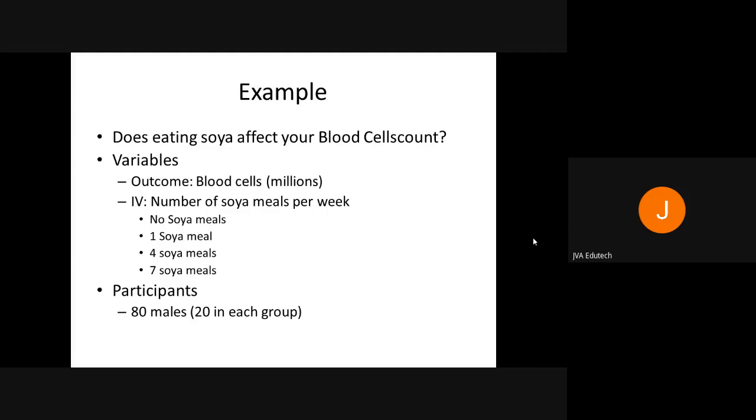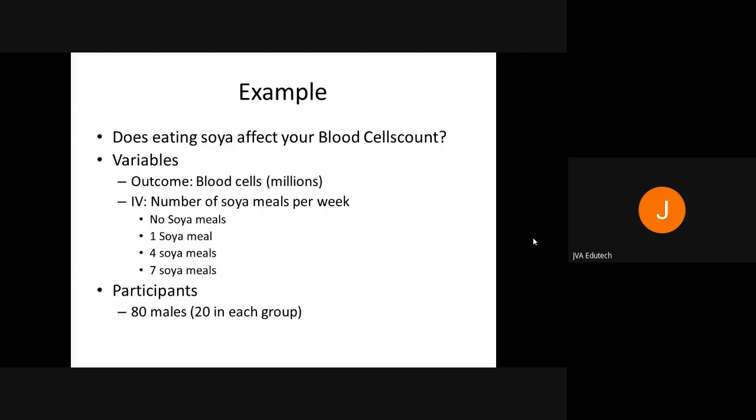The third group is given four soya meals, and the fourth group is given seven soya meals. And then their number of blood cells was counted over a period of 1 year. So this is our data set, and the research question is, does eating soya affect the blood cell count?